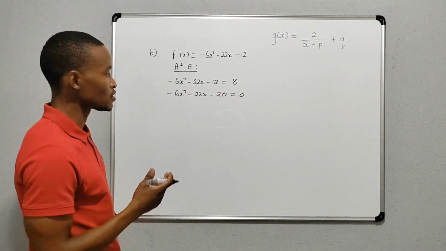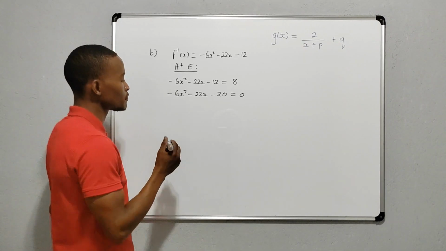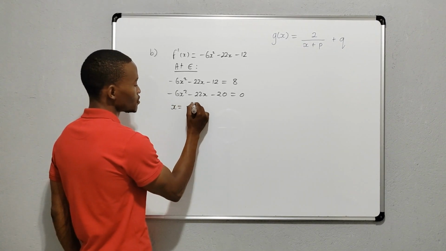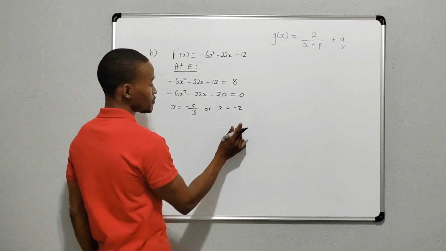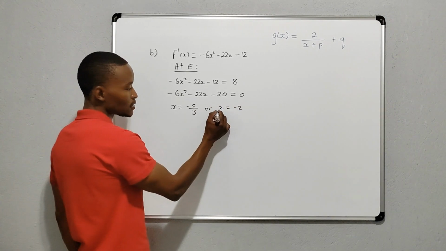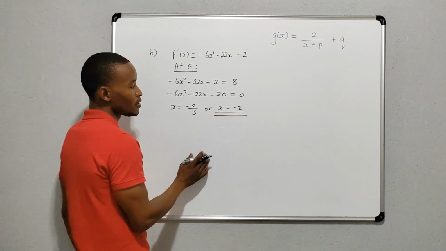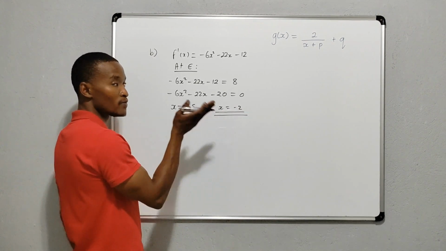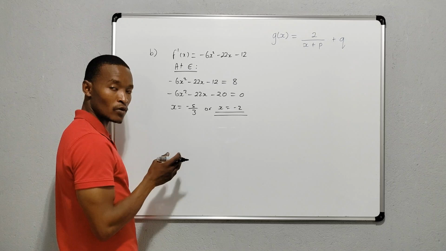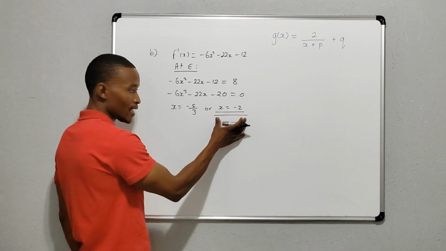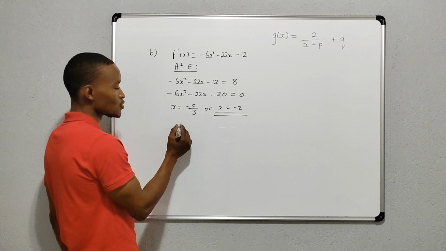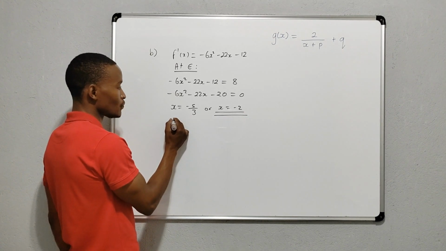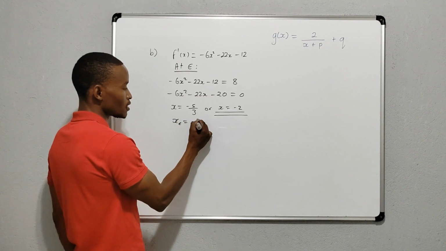If you plug this in a calculator or apply the quadratic formula, you're going to get x equal to negative 5 over 3 or x equal to negative 2. But if you compare these solutions to the previous answer that we got for the x-coordinate of f, you'll see that x equal to negative 2 is the right one. It cannot be the other one, definitely. So we see that the x-coordinate of E will be negative 2.